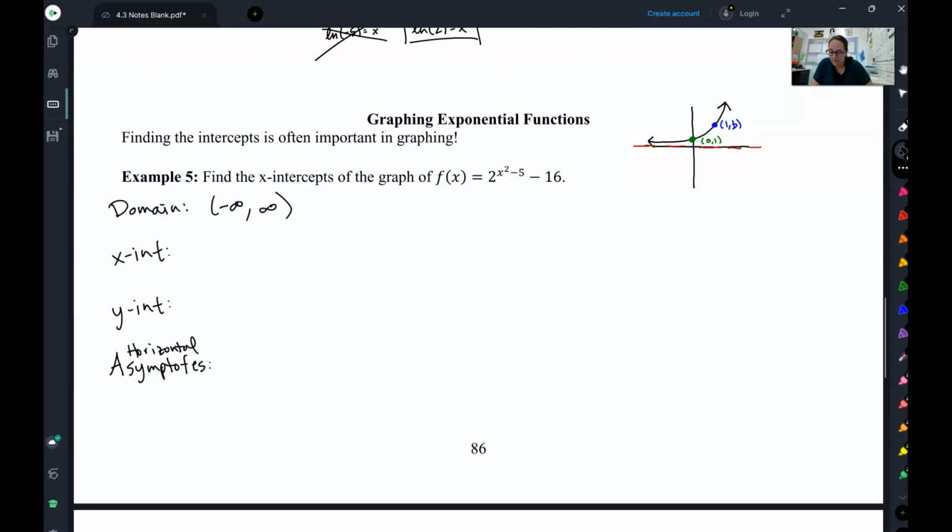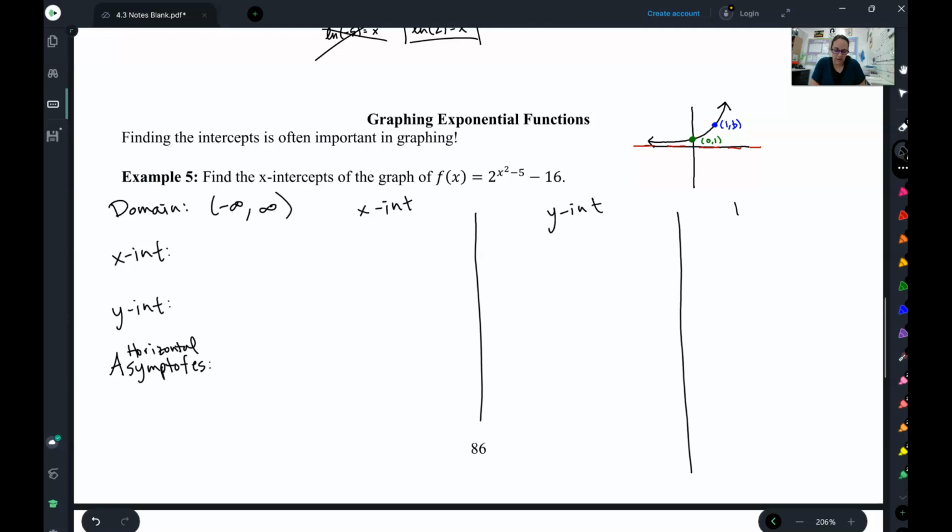So next thing we have are the x and y intercepts and actually finding the horizontal asymptotes. So let's split this into 3 where we can find all 3 of these things. Let's start with the y-intercept. It's the easiest. Now, if you remember the rule you memorized from Chapter 3, to find the y-intercept, you plug 0 in for x.